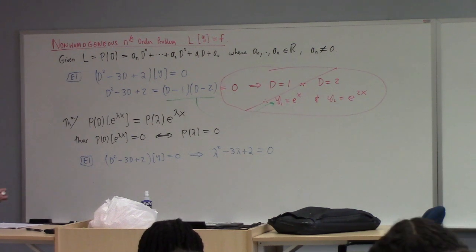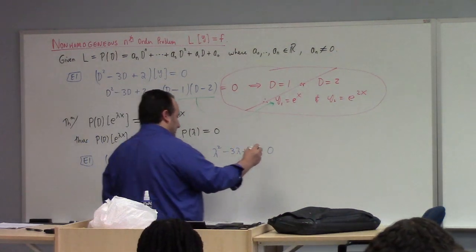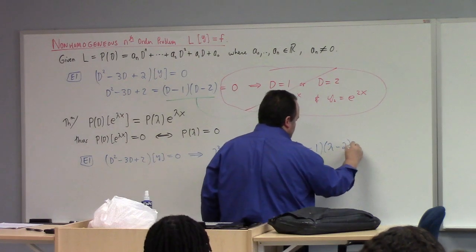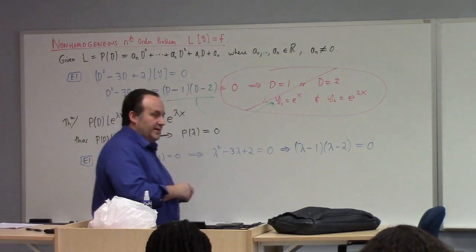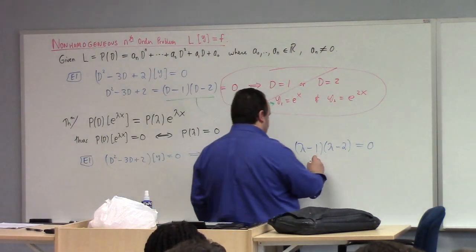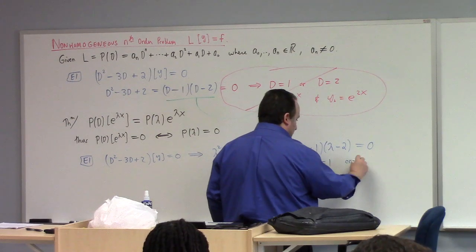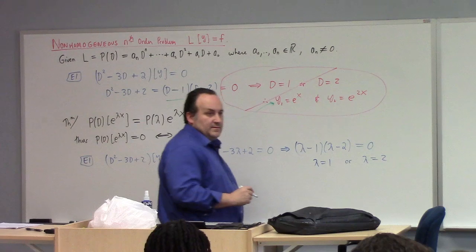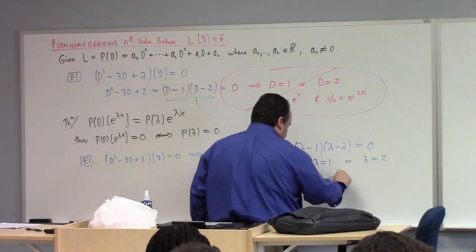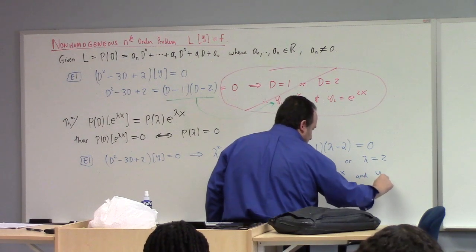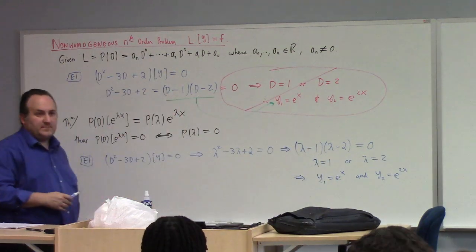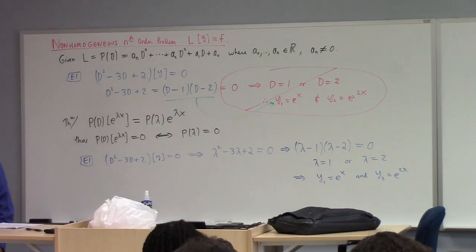And this I can factor: (lambda minus 1)(lambda minus 2) equals 0. And now I'm completely within my rights to write, therefore, lambda equals 1 or lambda equals 2. Hence, y1 is e to the x, and my other solution, y2, is e to the 2x. Completely logical, completely fine.